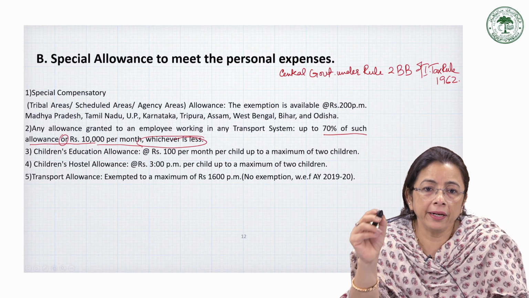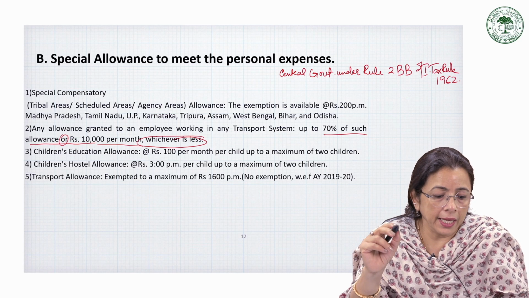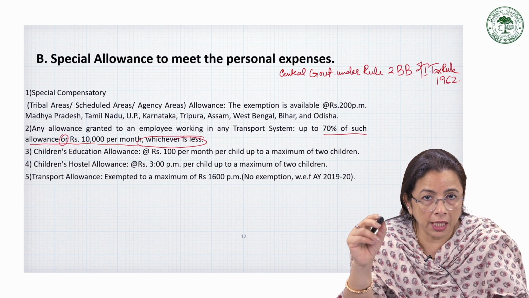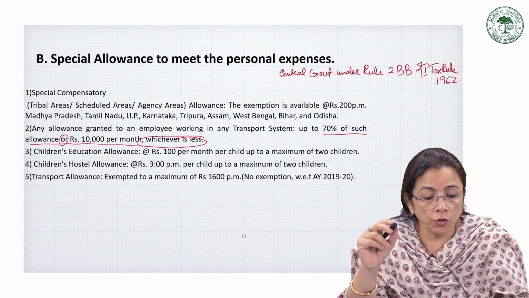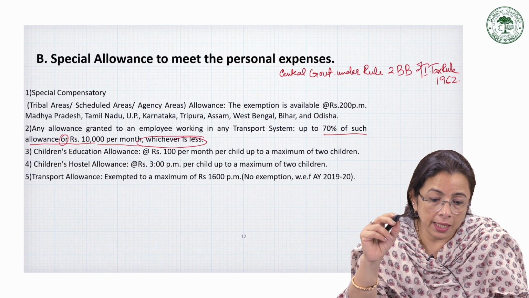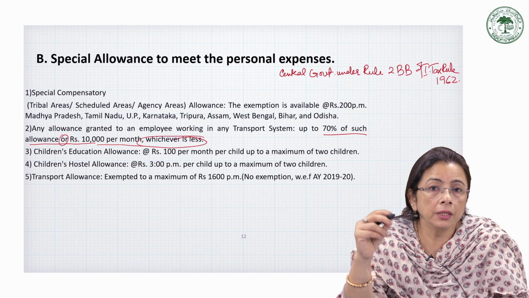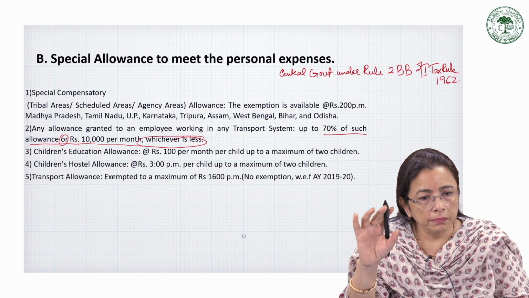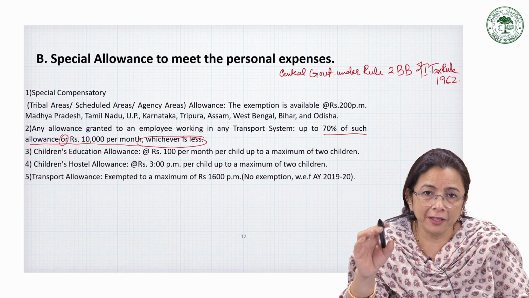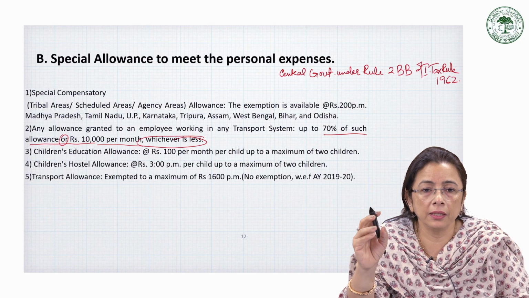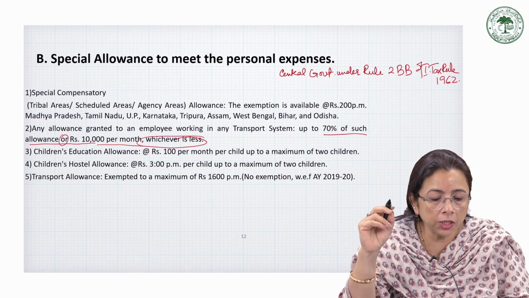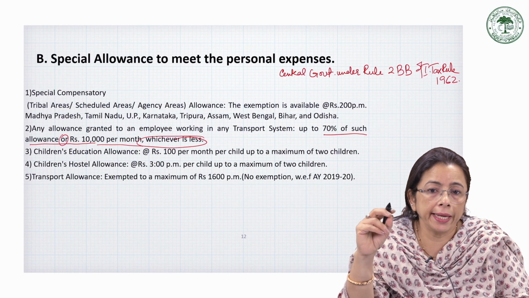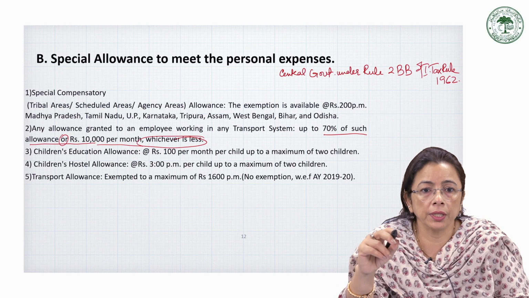So it has to be 70% of the total amount of allowance he receives, or 10,000 rupees per month, whichever is less, that will be taken as an exemption. The balancing figure will be taxed. So I hope this is clear. We will understand it better when we implement these things in a practical example. Then third is children education allowance. This allowance helps employees to meet the education expenses of their children.